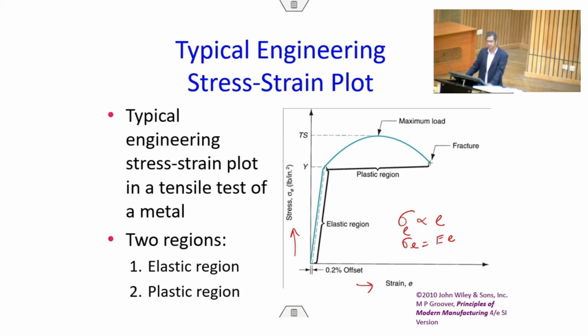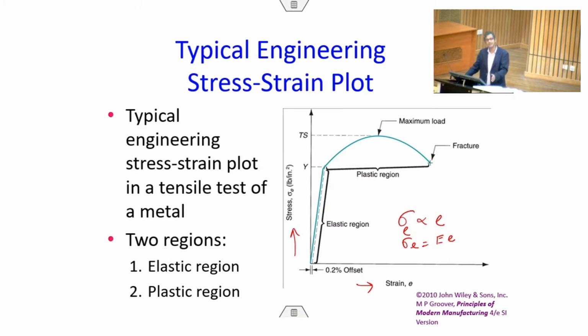So the plastic region of the curve. Here, plastic means plastic deformation. The plastic region starts with the yield strength. That indicates the deviation from linearity. This is a linear portion, where stress is proportional to strain.